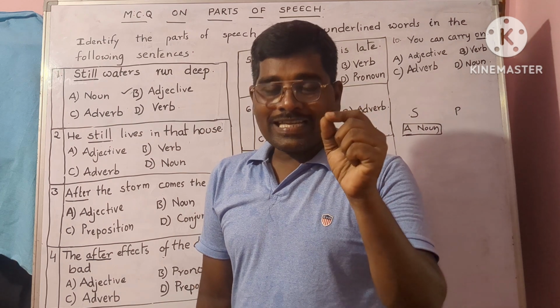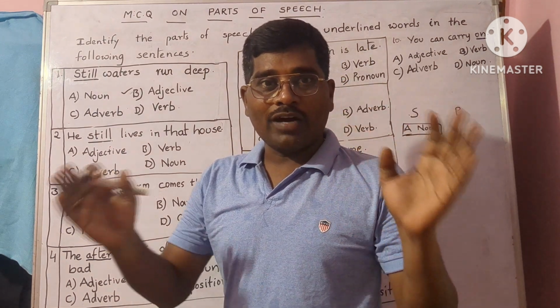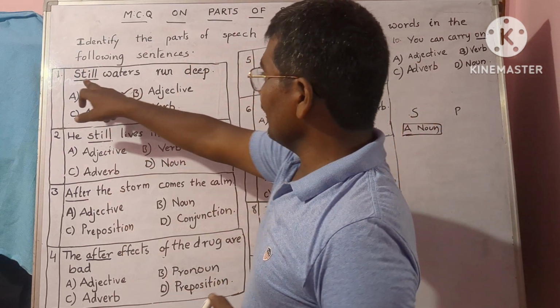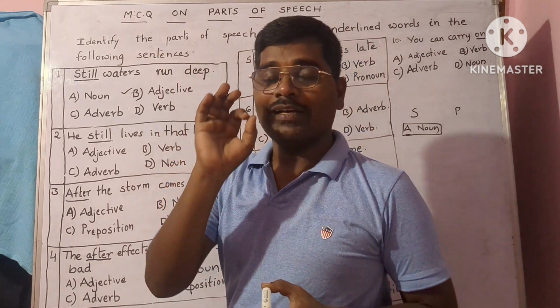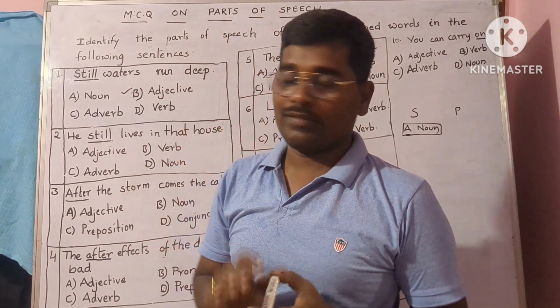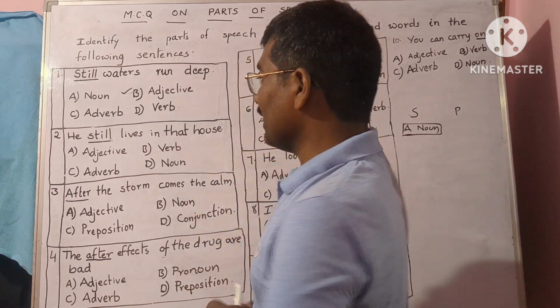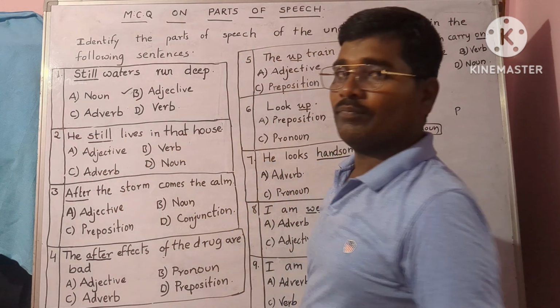We decide the part of speech of a particular word based on the work it does in a sentence. In the first sentence, it is qualifying the noun waters. But here, what does it qualify? You can see here: he still lives in that house.